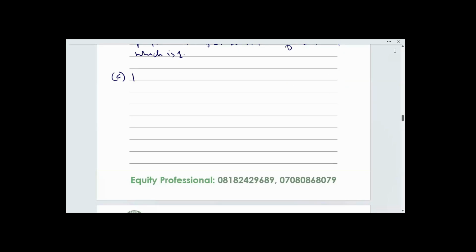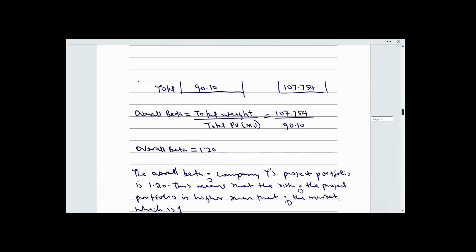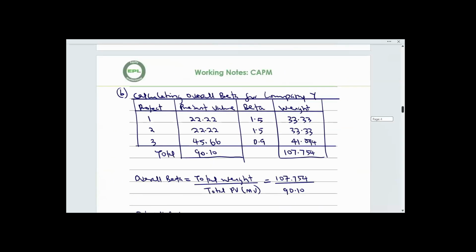The formula you use for this table that you just did, is it ROS minus ROF divided by ROM minus ROF?